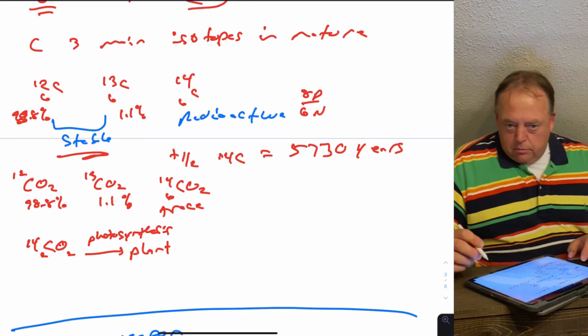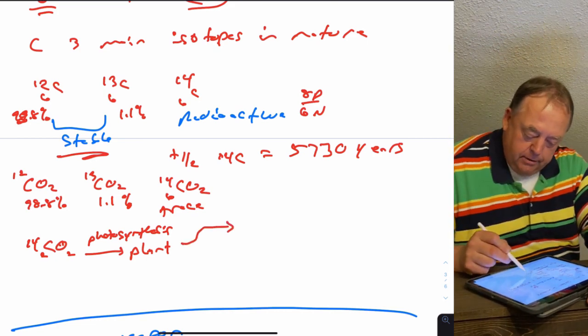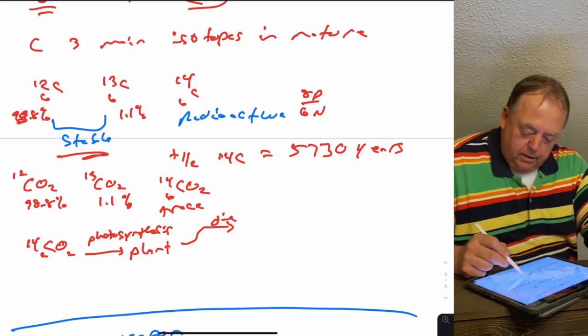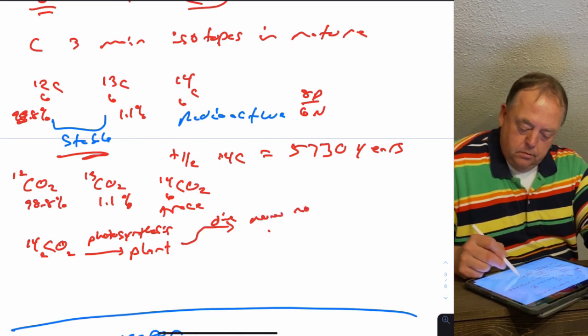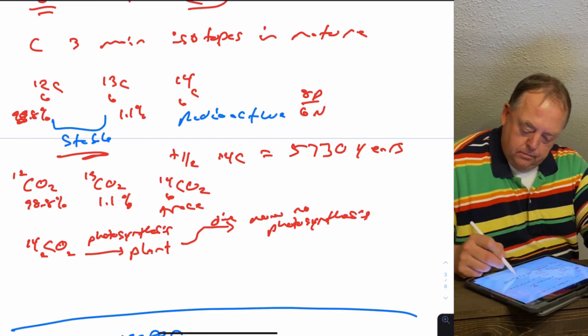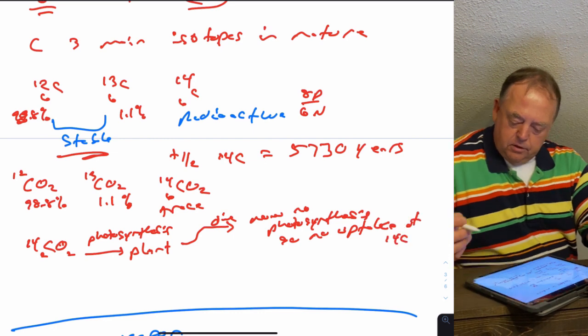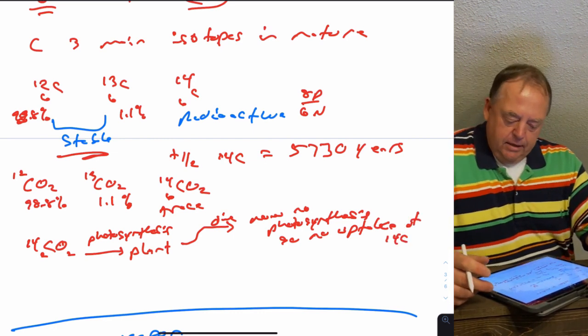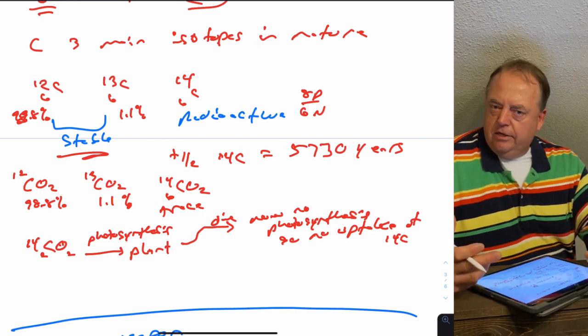And then what happens to the plant? Well, eventually the plant would die. And so now it's no longer doing photosynthesis, so now there's no uptake of carbon-14. As long as the plant is alive, it has a pretty constant amount of carbon-14 in it.